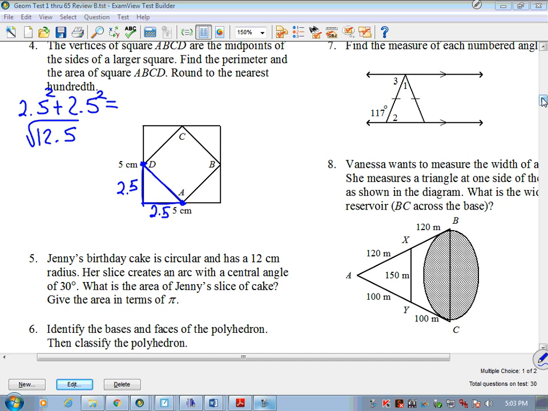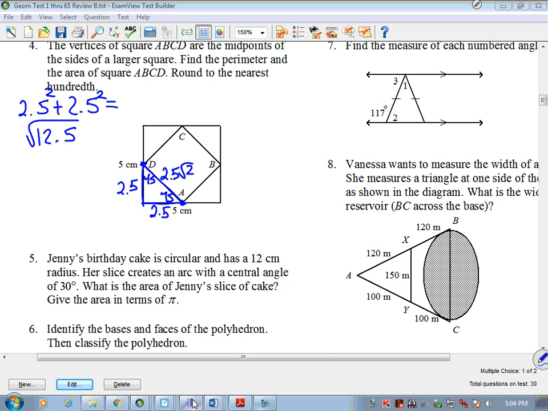Ultimately, though, what we're going to get here is a 45 right triangle where we'd have 1 to 1 to 1 radical 2. So we could take that as 2.5 radical 2 as one side, and then multiply that by 4. But it does want it rounded to the nearest hundredth. Leaving it as 2.5 radical 2 allows me to get a more exact answer.